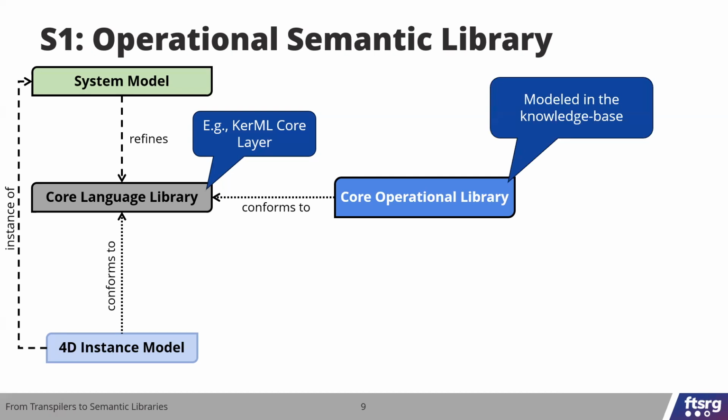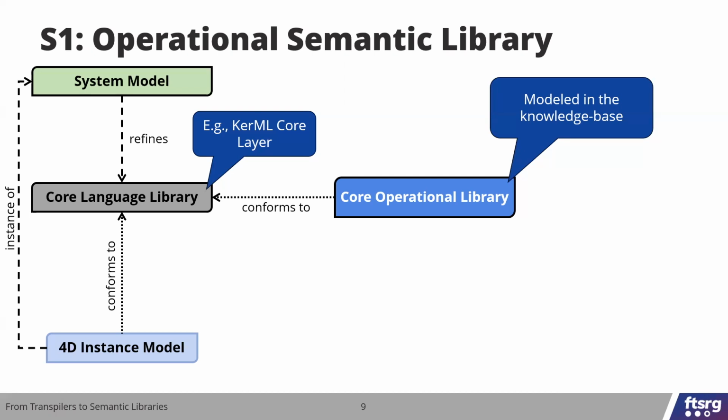So the idea is to come up with a way to include operational semantics in the original knowledge base. We could do that by extending the core language library with an operational library that is part of the ontology, part of the knowledge base that is originally in the language.